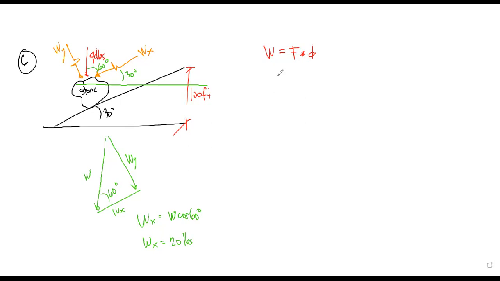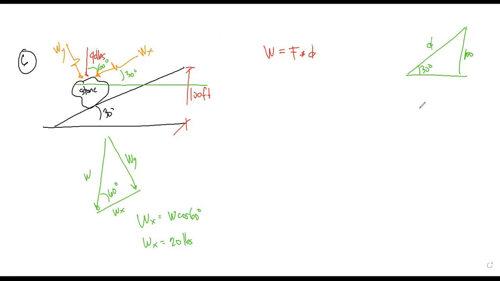So the force is done. We can calculate the length of the ramp. We can calculate this distance d.